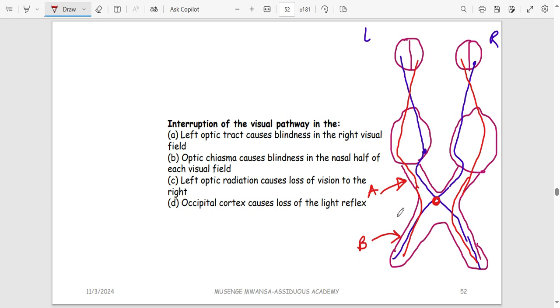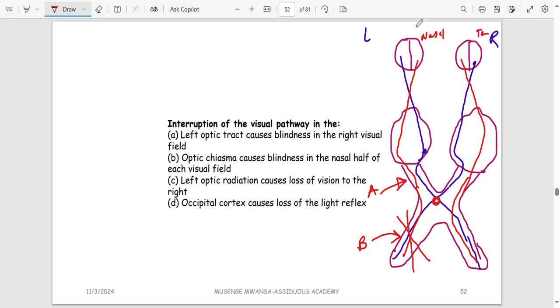So here there is a lesion at this point, which is the left optic tract. So you can see for the left optic tract, it's bringing information coming from the nasal field of the left eye and also the temporal field of the right eye.